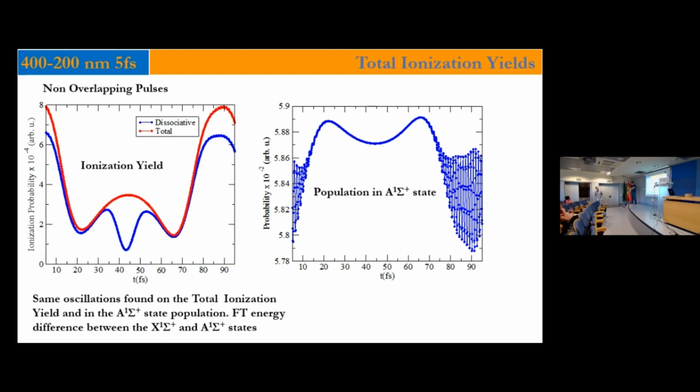I was wondering also, can you estimate the ionization given the non-adiabatic wave packet motion? Is that something you can include in your calculations? There are two ways to include non-adiabatic dynamics in your calculation.